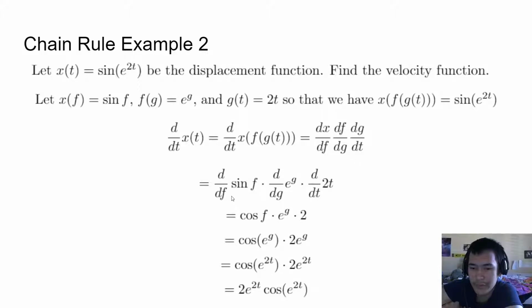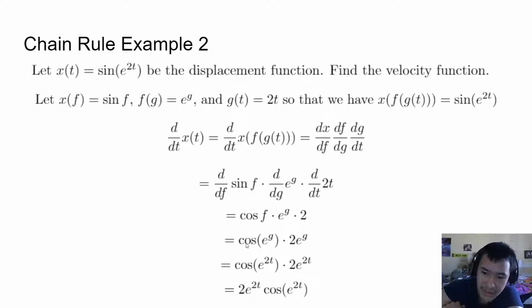Now, taking the derivative each with respect to its own variable, we have d by df of sine of f times d by dg of e to the g, and then d by dt of 2t. And now we just have cos f times e to the g times 2 by our derivative rules.